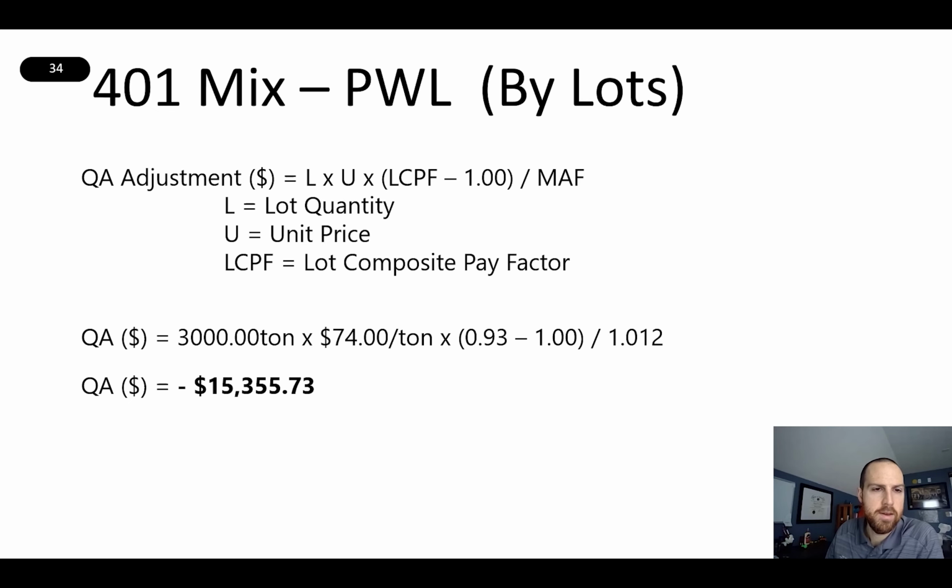That calculates to negative $15,355.73. So that is a credit to the contract, or a penalty, if you will, because the test results and PWL were marginal. So there is a negative pay factor there, or negative dollar amount.